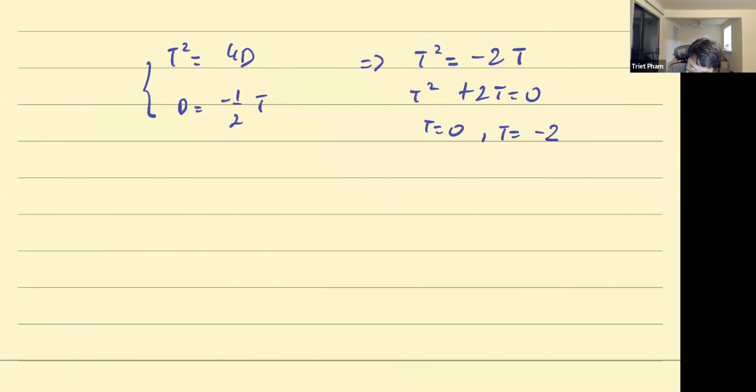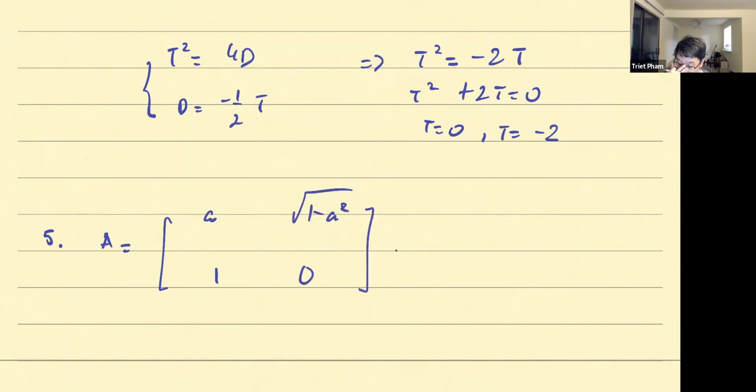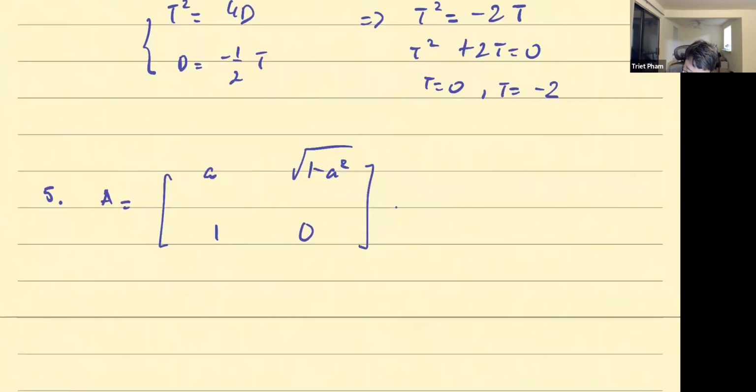All right, so I think I just want to do one more, problem 5, because again, it looks interesting. A is a, square root of 1 minus a squared, 1 and 0. So again, here T is a and D is square root of 1 minus a squared, I think with a minus.